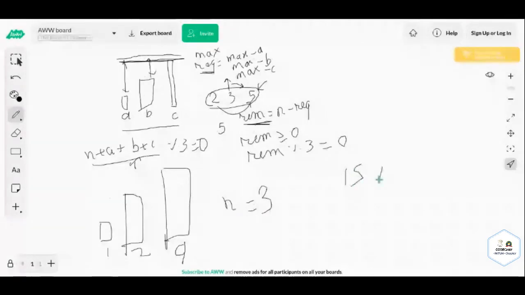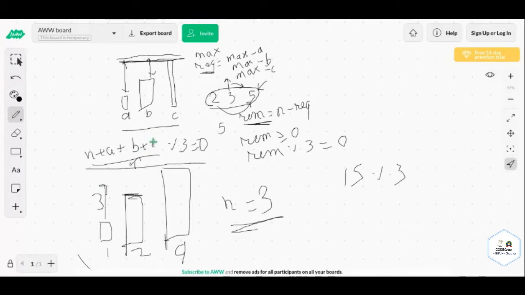But actually, when we distribute N to 3, how will we distribute? Let's say I distribute 3 to him, to her, and 0 to her. We cannot make these equal, right? So this was the first mistake. The first observation is that we have to make these two equal to 9.